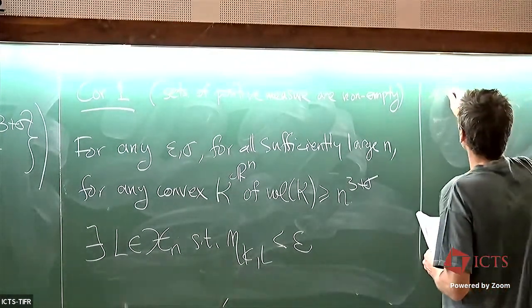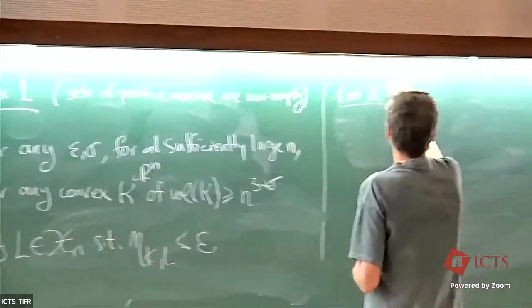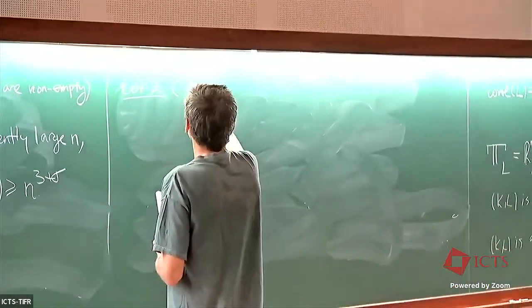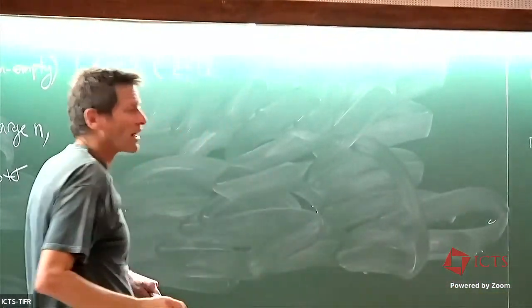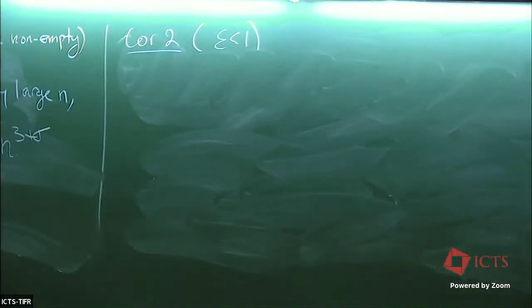Corollary 2. I want to specialize to epsilon less than 1, any epsilon less than 1. The number 1 is important because, as I said, as soon as this eta parameter becomes less than 1, we know that we have a covering. So let's just talk about coverings and not talk about their smoothness.